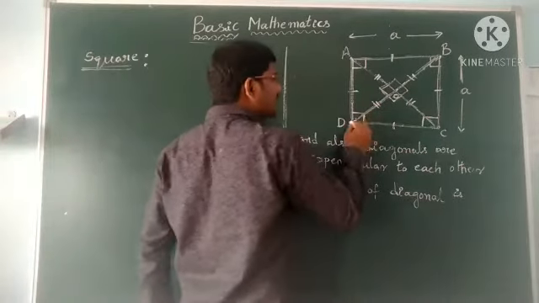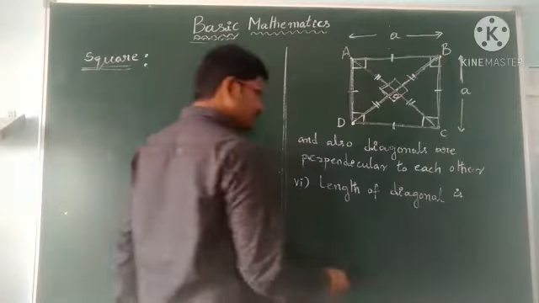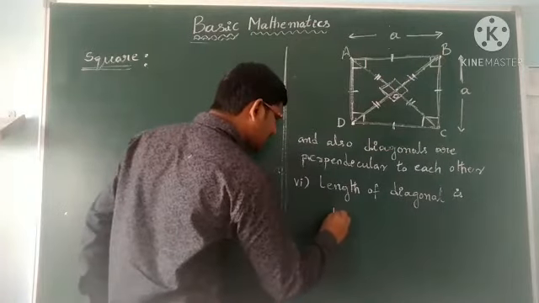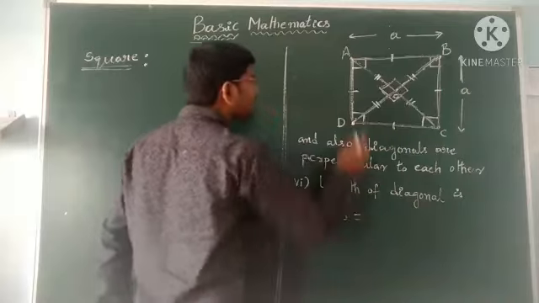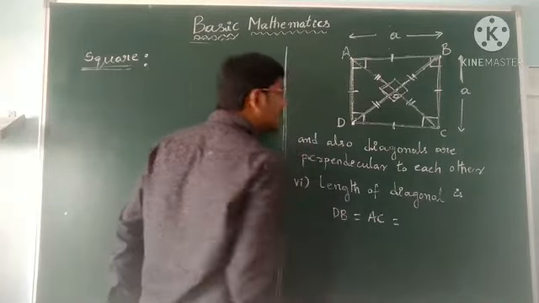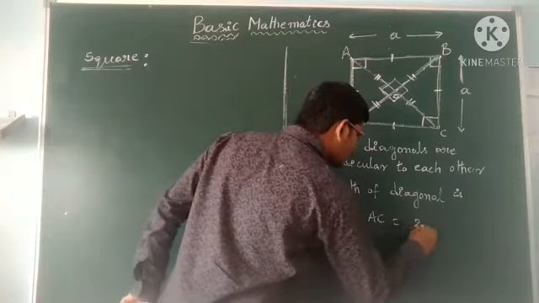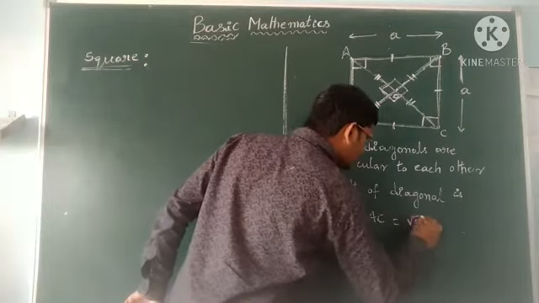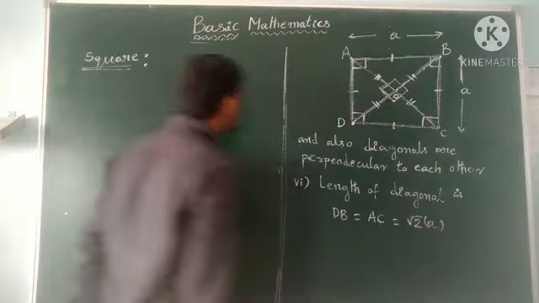What is one diagonal? That is called DB. So one diagonal length is DB, which is the same as the other diagonal length AC. So you will get root 2 into A, students.